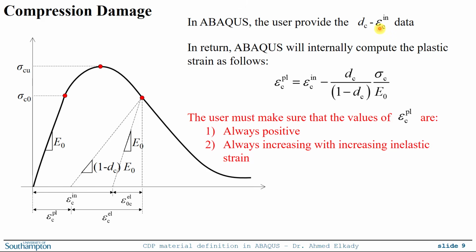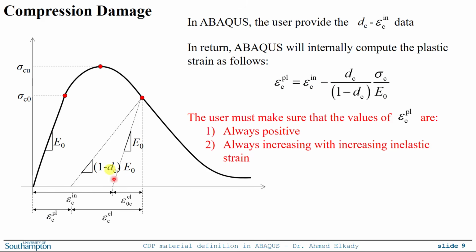Now, once you submit the job and run the analysis, ABAQUS will do the following. ABAQUS will internally compute the plastic strain. So what is the plastic strain? It's this one. You compute the inelastic strain and provide it in ABAQUS, and then internally, ABAQUS will compute this plastic strain. This is the formula for computing the plastic strain.